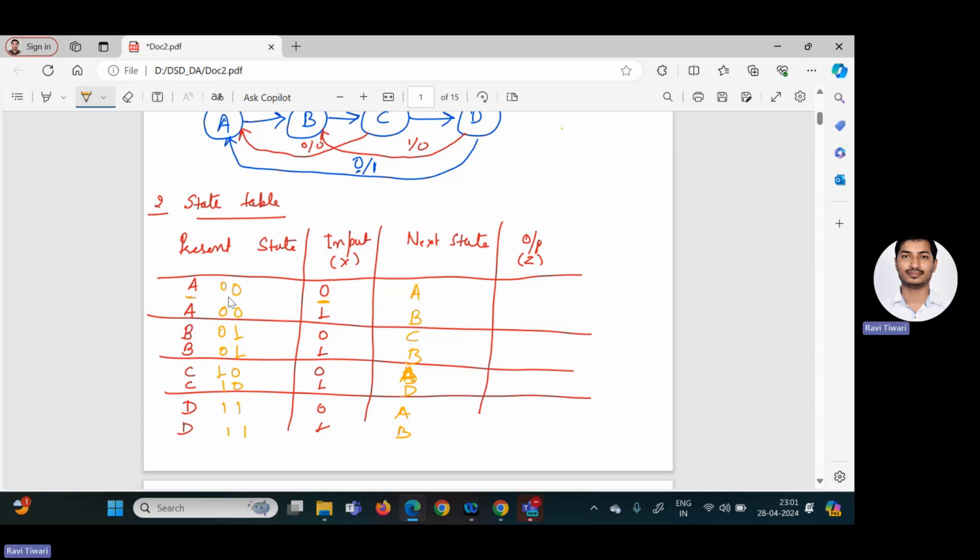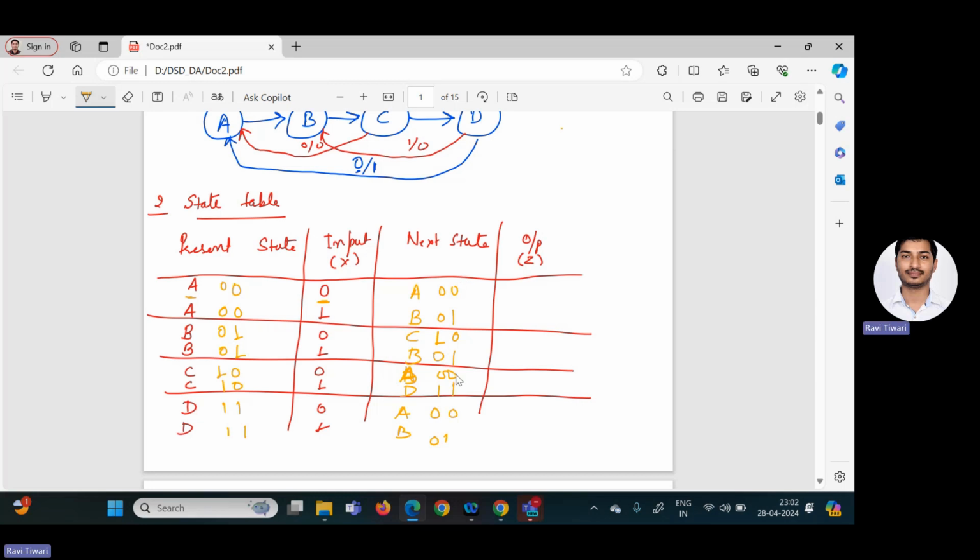Similarly, wherever you have A, you write 0 0. B is represented by 0 1, so this is 0 1, this is 0 1, this is also 0 1. C is represented by 1 0, and D is represented by 1 1.